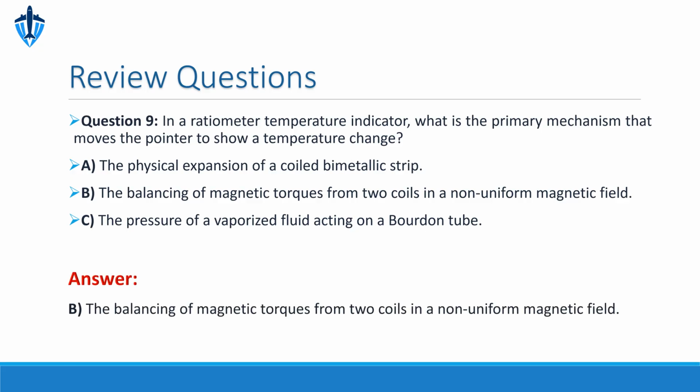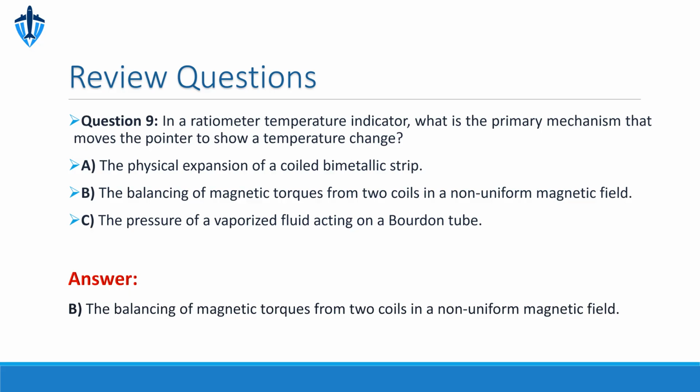The ratiometer operates on a unique electromagnetic principle. It uses 2 coils attached to a pointer, suspended in the magnetic field of a permanent magnet that is intentionally stronger at the top and weaker at the bottom. When the temperature changes, the resistance of the remote sensing bulb changes. This alters the ratio of current flowing through the 2 coils. Each coil then generates a magnetic field of a different strength.